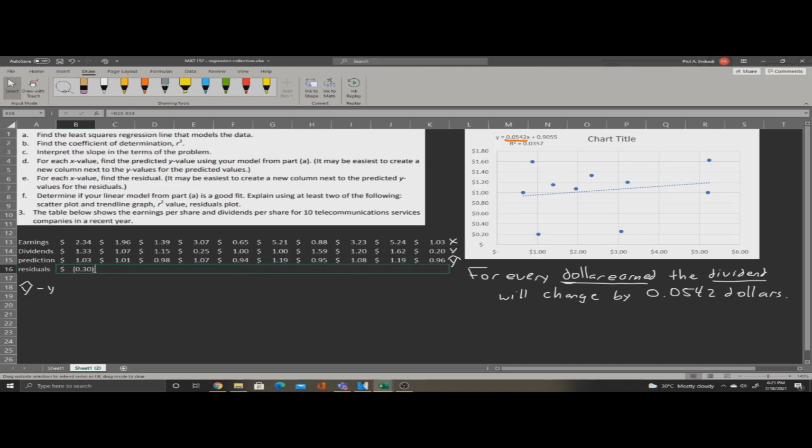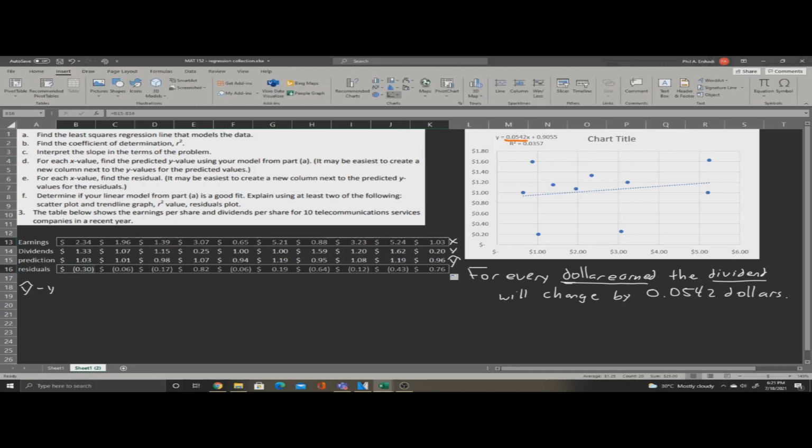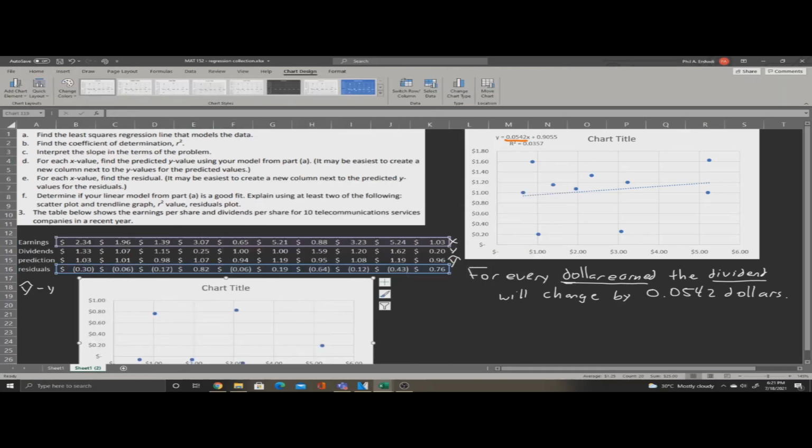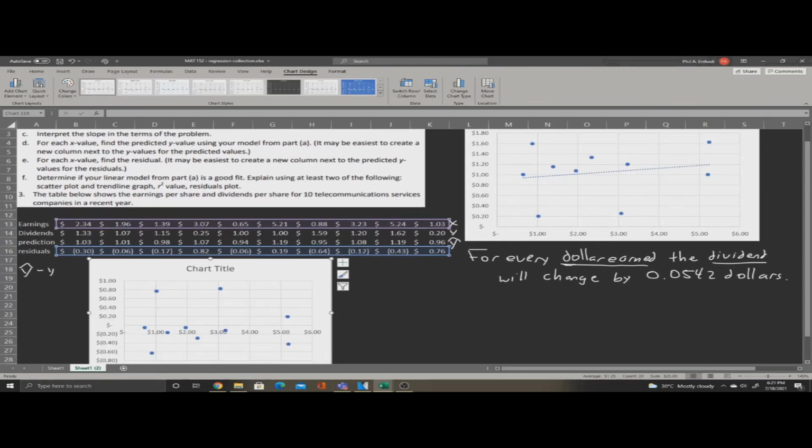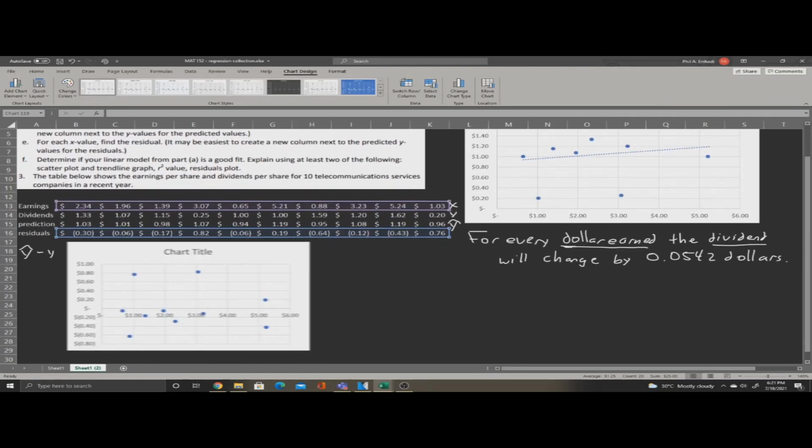We use the black cross, and we finish the list to find all the residuals. Let's also make a residual plot by selecting the earnings, that's X, hold down Control, select the residuals. Go to Insert and select the dots again. And so this is our residual plot.